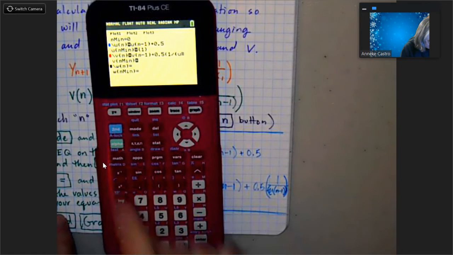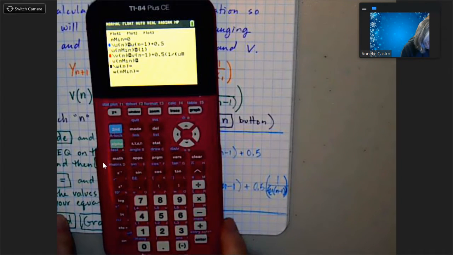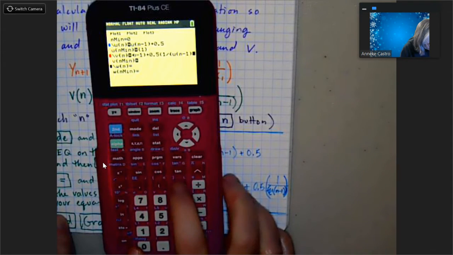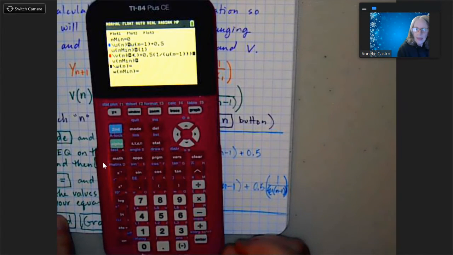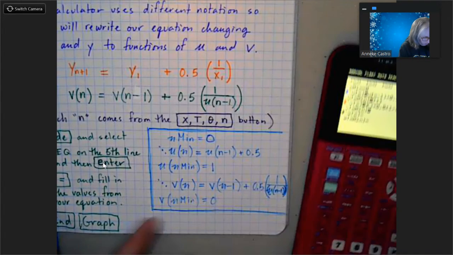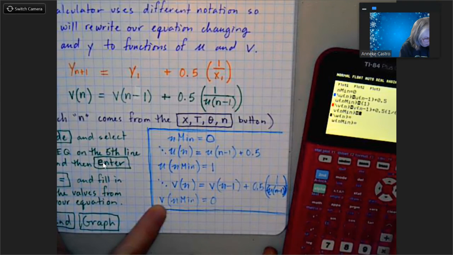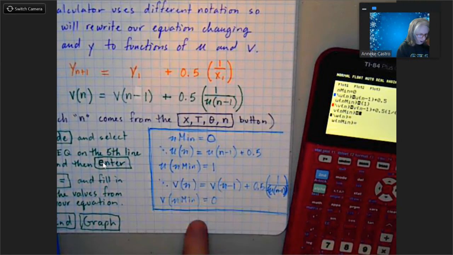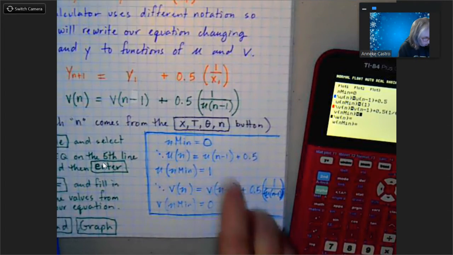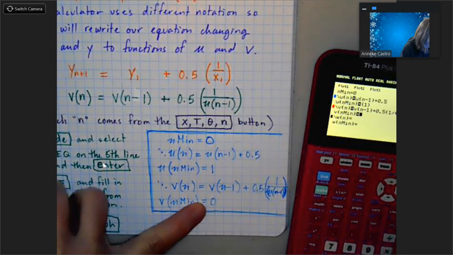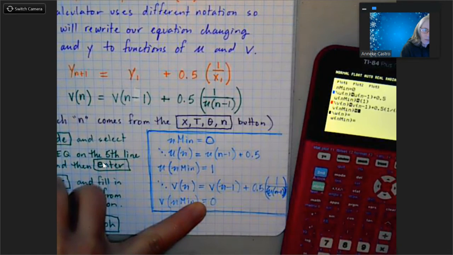U, so I did second 7 to get my U, parentheses, n minus 1, and then close the parentheses. I think I need 3 of them to close it all together. Okay, and then my last thing I'm going to put in is my y minimum, and that comes from my original point. So my original point was 1, 0, so this is 0.